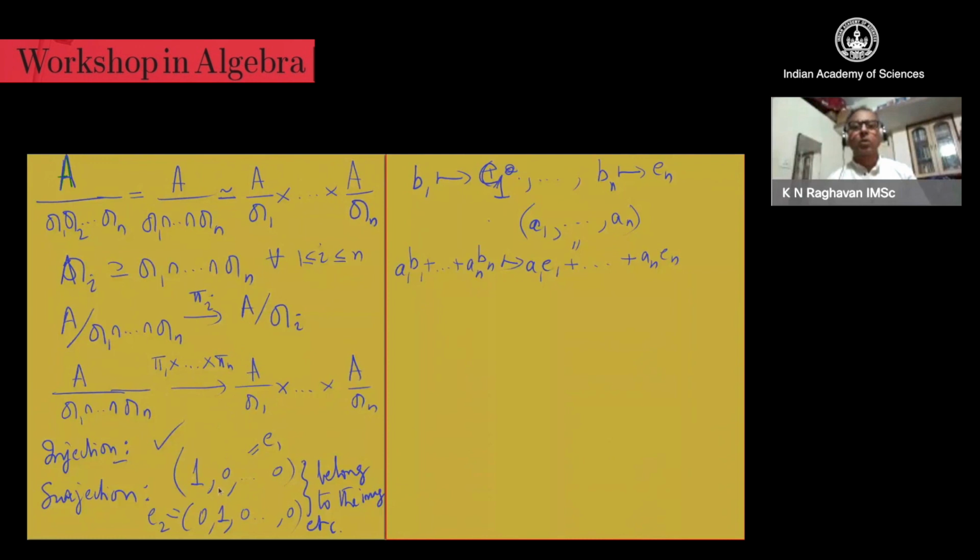And how do I get this? That follows because you have an element that is 1 modulo A1. So what is B1, for example?